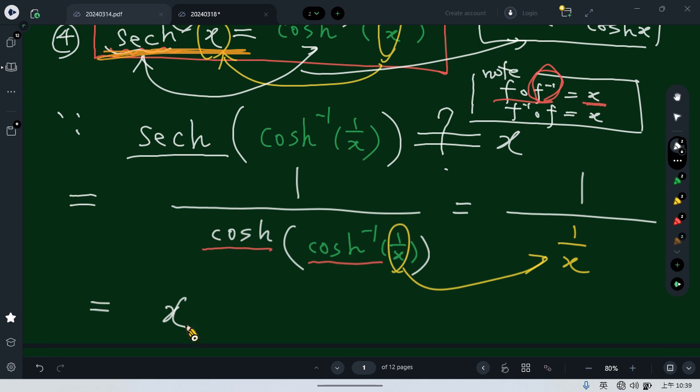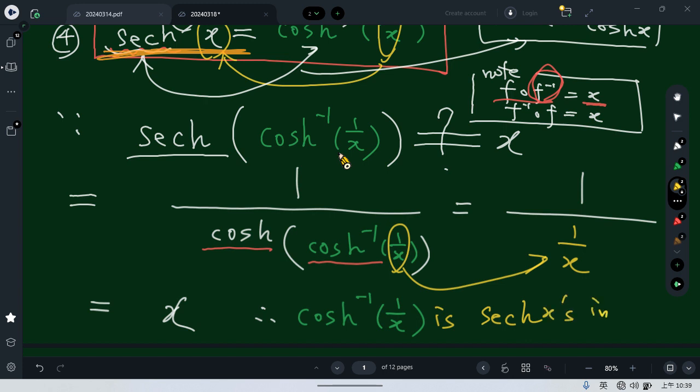That's it here, right? Therefore we will say arc hyperbolic cosine of 1 over x is the hyperbolic secant function's inverse.